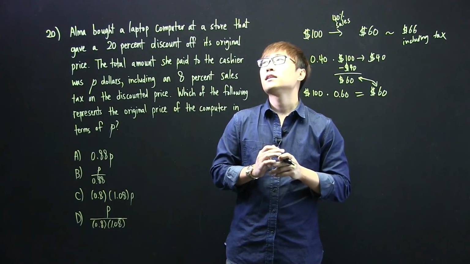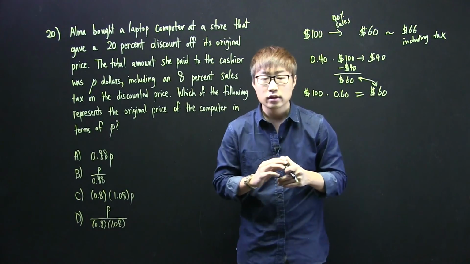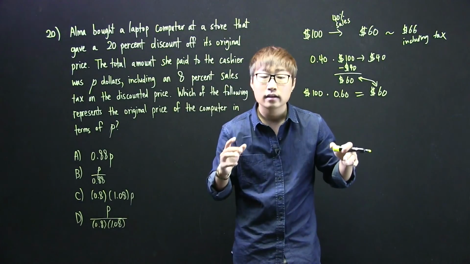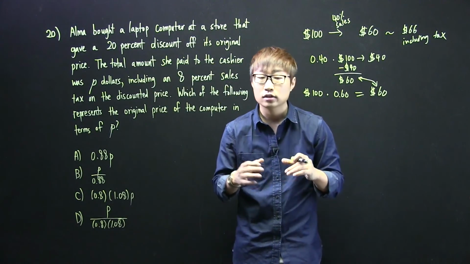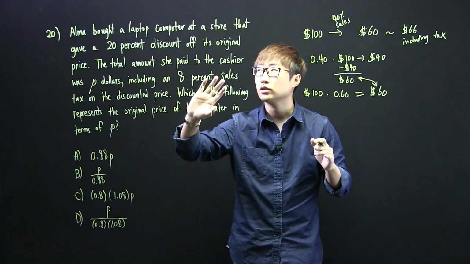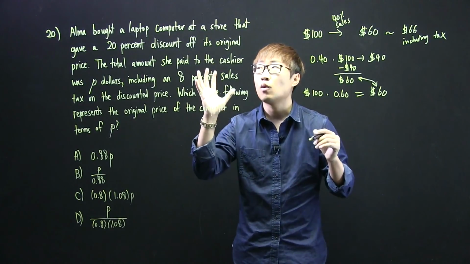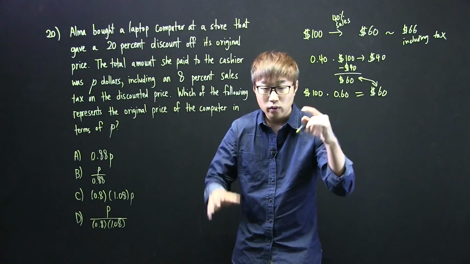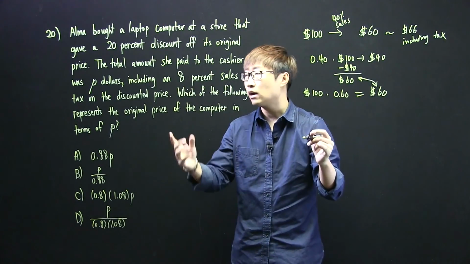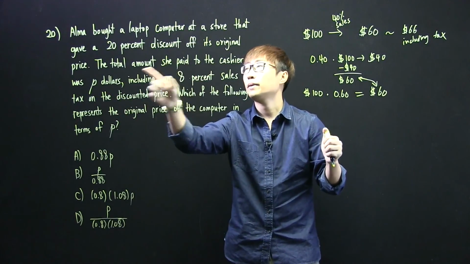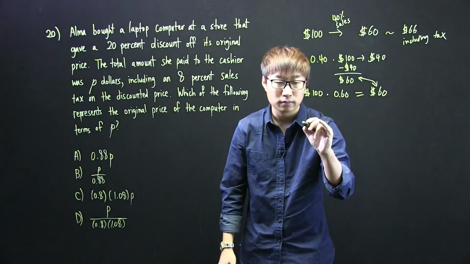It says the store gave a 20% discount. So how much of the original did Alma have to pay? Exactly, 80%. So she paid 80% of the original price. So whatever the original price was, I don't know what that is, but what is P? The total amount she paid to the cashier was P. Okay, so that's not the original price.